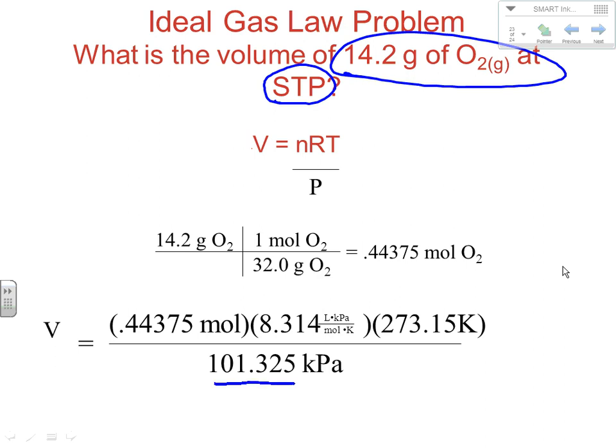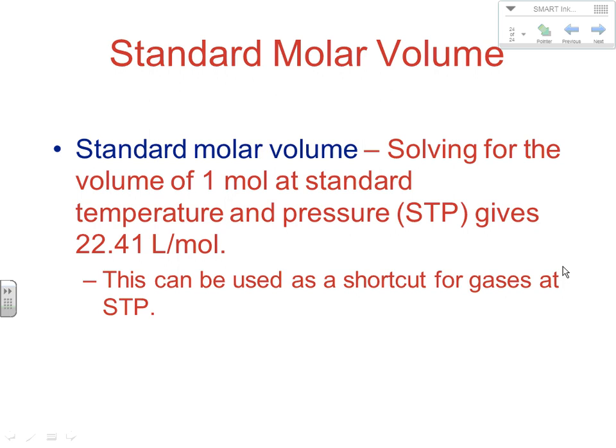Since I wrote standard pressure in kPa, I had to go with 8.31 for my R value. Standard temperature is 273.15, and we just calculated the number of moles, so we can plug in and calculate to 3 sig figs, because our original mass was in 3 significant digits. We get 9.95 liters. So the volume in this particular case would be 9.95 liters.